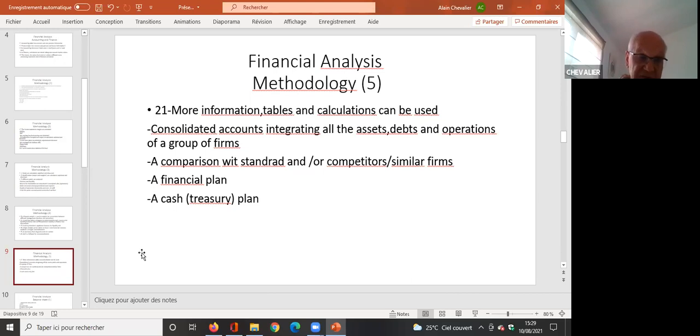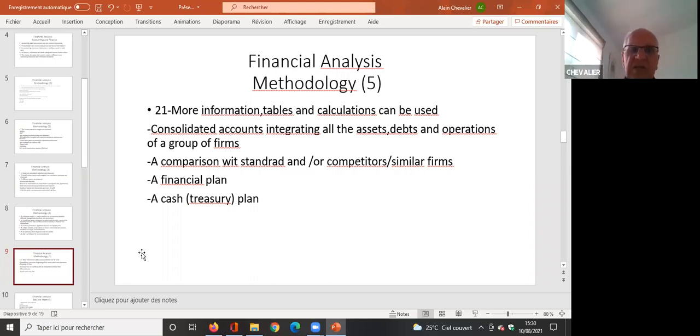So consolidated accounts are more and more used, and they are more and more published. In many countries now, if you are listed on the stock market, you are obliged to publish consolidated accounts taking into account the international standards. This is very central.